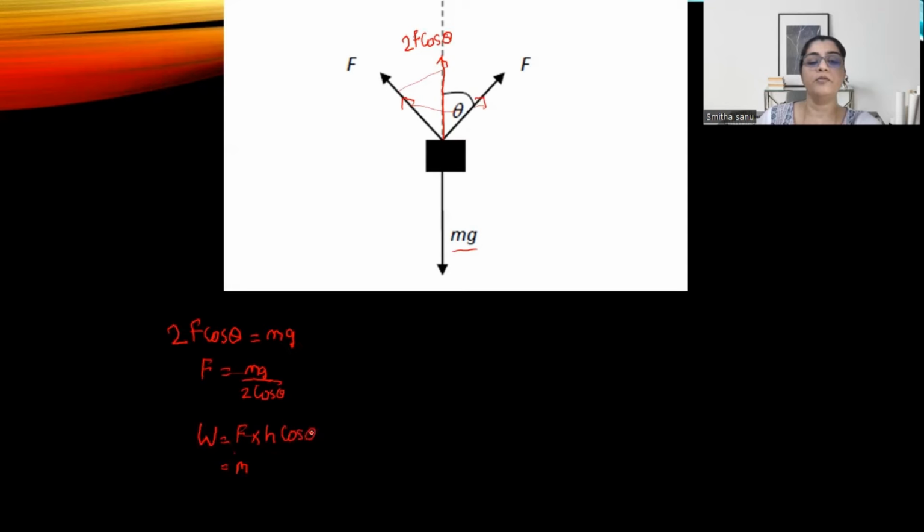So what I'm doing is I'm going to replace the quantity of F that I derived, which is mg over 2 cos theta, times h into cos theta. Cos theta and cos theta get cancelled. So you should have got the answer mgh over 2. This is the equation for work done.